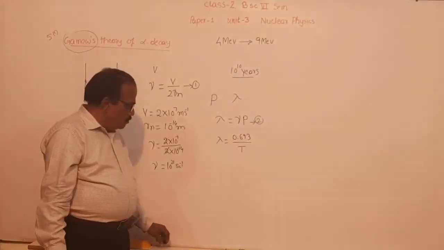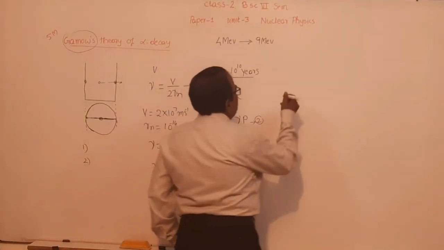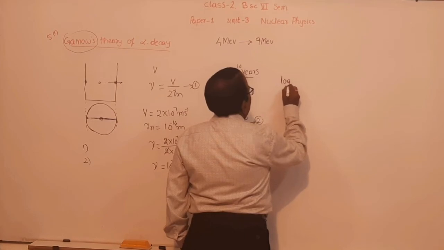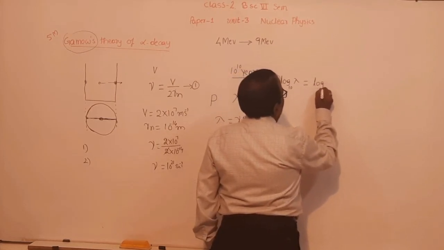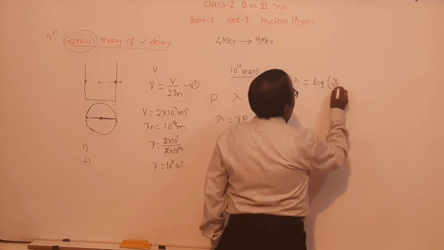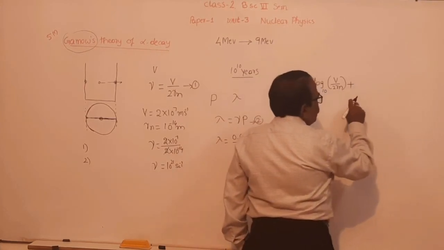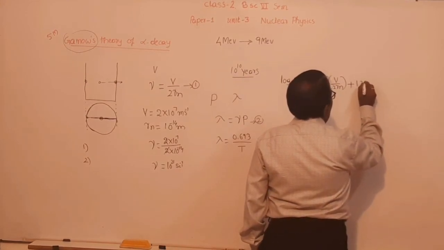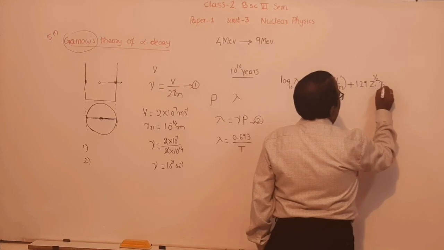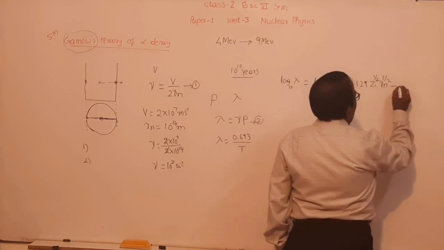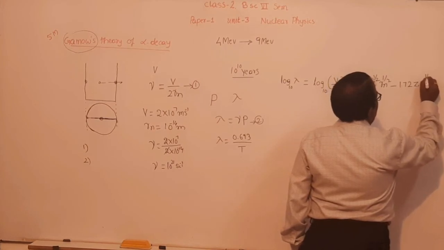P is the probability of transmission of this alpha particle during each collision. Then this quantum mechanical tunneling effect gives the expression for the decay constant as log of lambda to the base 10 is equal to log of v upon 2Rn to the base 10 plus 1.29 into Z1 raised to half into Rn raised to half minus 1.72 Z1 e raised to minus half.